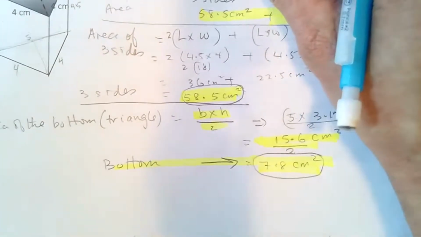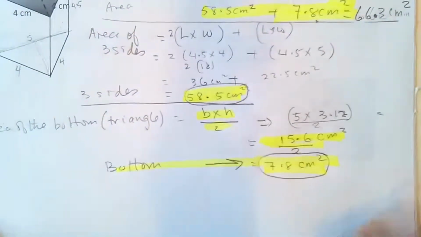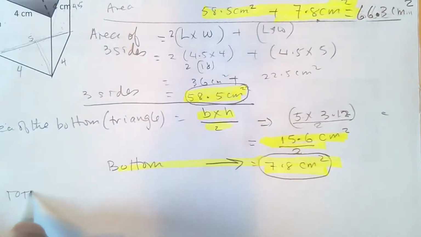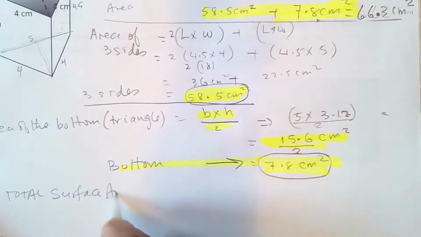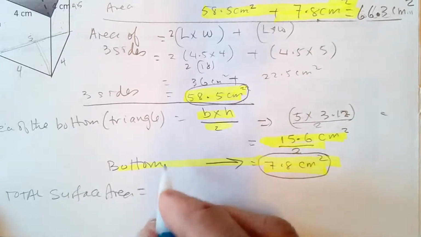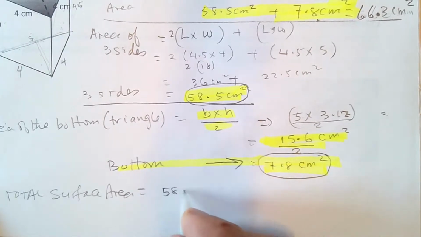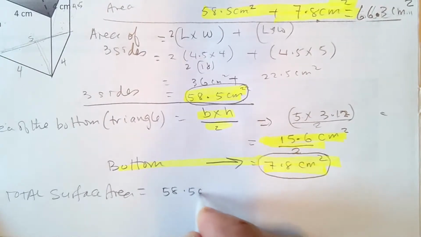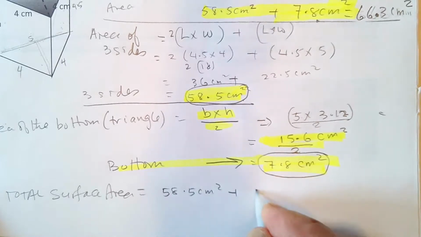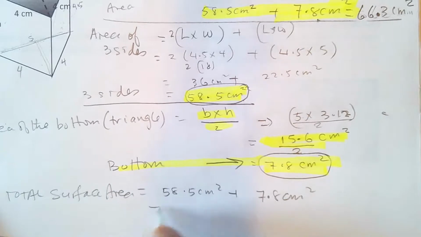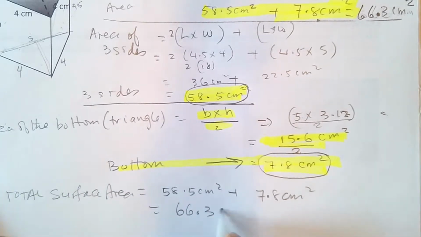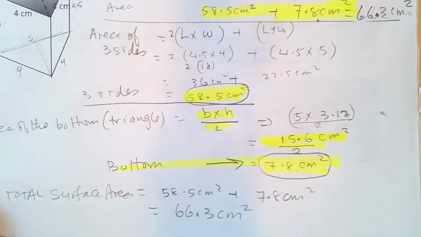The final answer: total surface area is equal to 58.5 centimeters squared plus 7.8 centimeters squared, which is 66.3 centimeters squared.